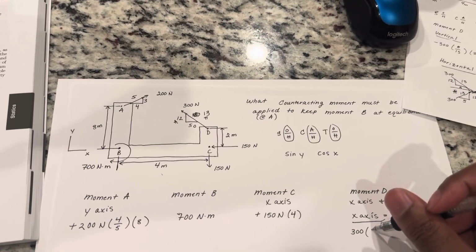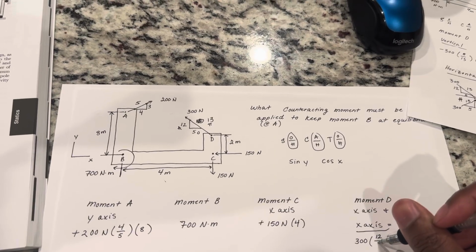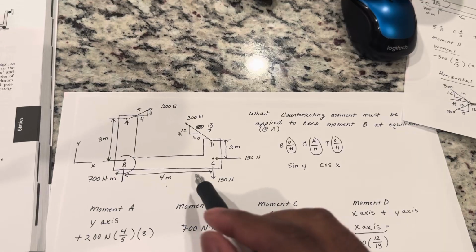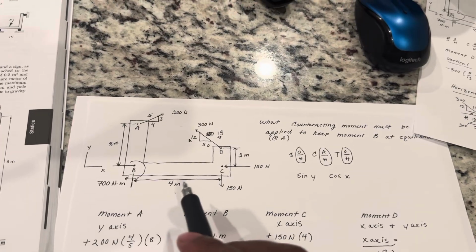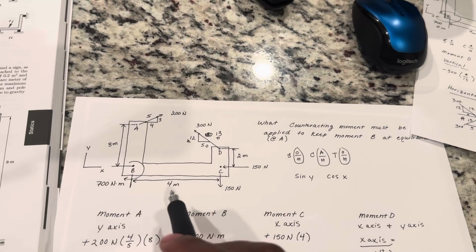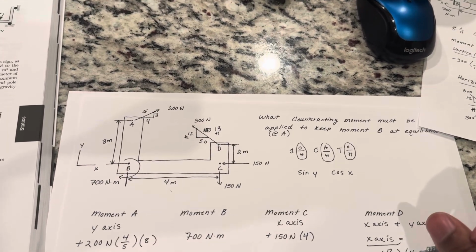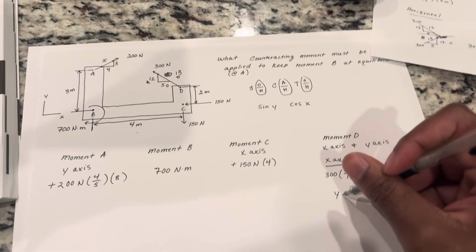So we got the 12, it'd be 12 over 13. 12 over 13 at a distance. This is x-axis. We're looking at x-axis. So we look at here. This would be 4 meters. So 4 meters.